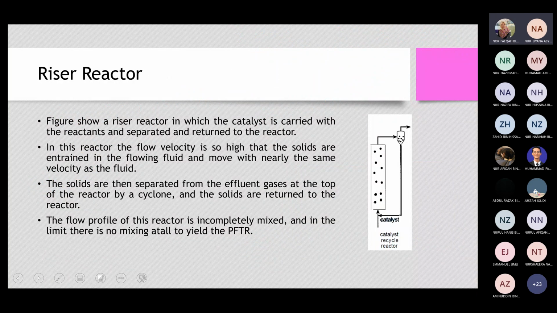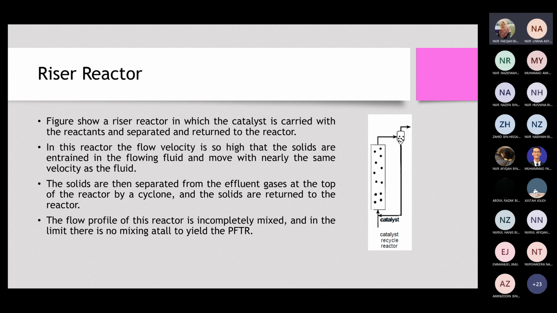Okay, and then another type of reactor is the riser reactor. In the riser reactor the catalyst is carried with the reactants and separated and returned to the reactor. It involves recycle. In this reactor, the flow velocity is so high that the solids are entrained in the flowing fluid and move with nearly the same velocity as the fluid.